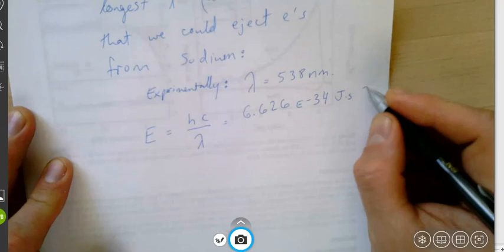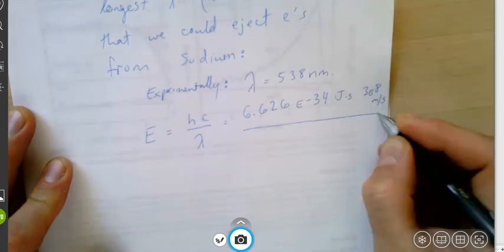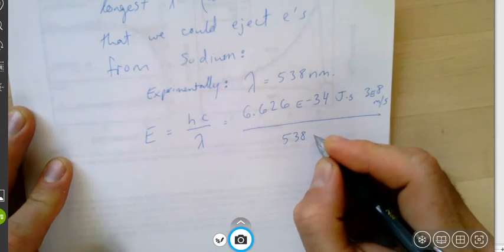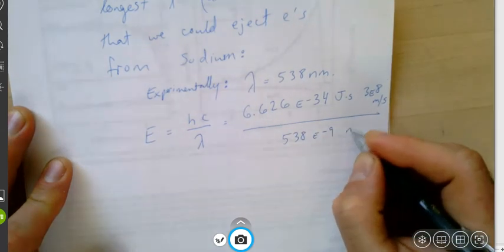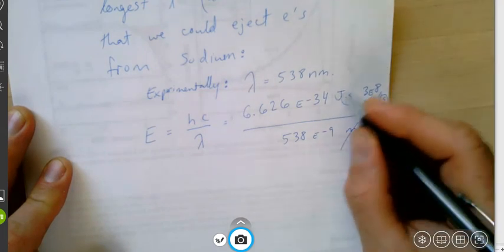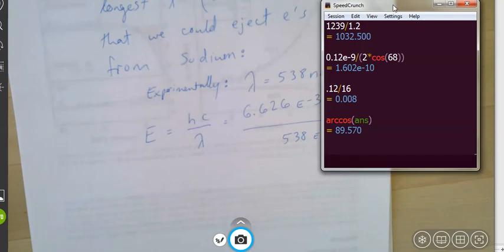The speed of light is 3 times 10 to the 8th, and that's meters per second. And then wavelength we found was 538 times 10 to the minus 9 meters. So we got the meters and meters canceling out. We got 1 over seconds with seconds canceling out. And we're left with some numbers that we can actually plug into a calculator and see what happens.